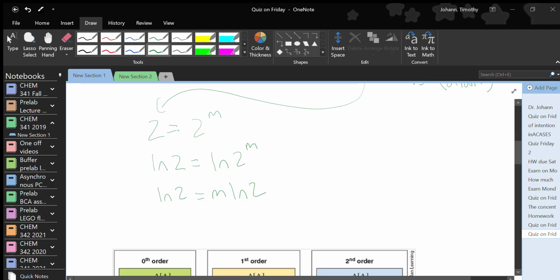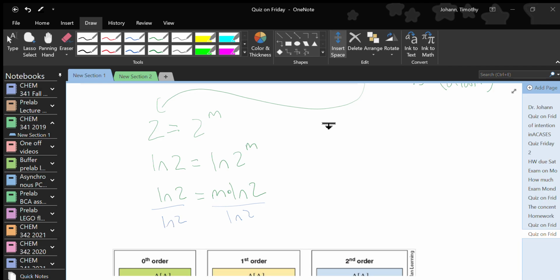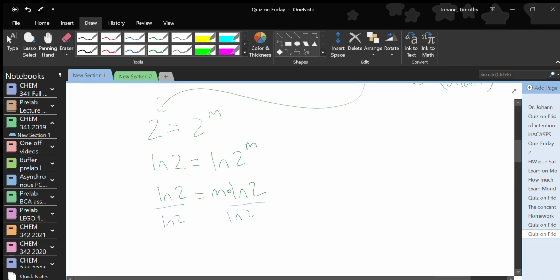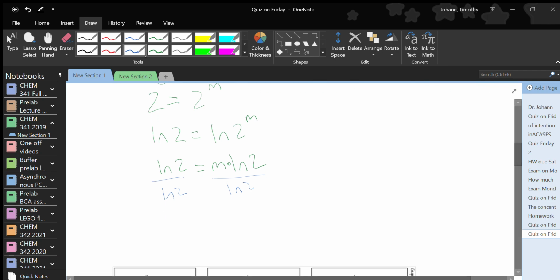And now it's pretty obvious. Now that I've got a times, I can divide both sides by the logarithm of 2. And what I end up with is 1, obviously, is equal to m.